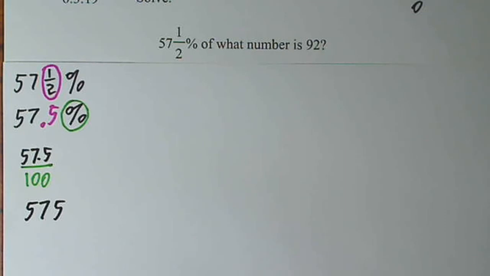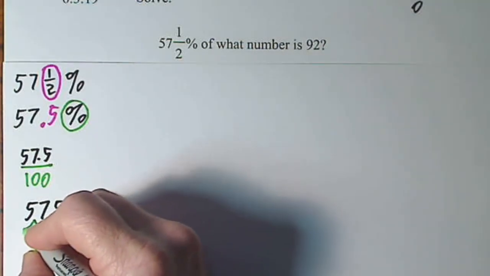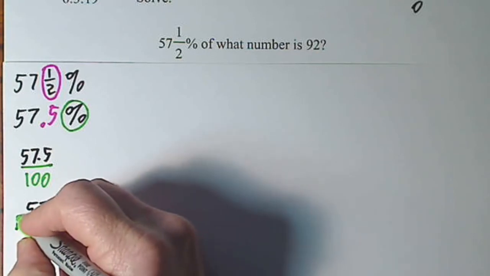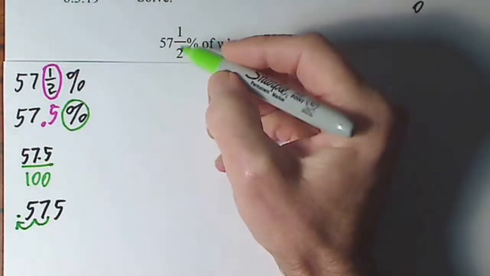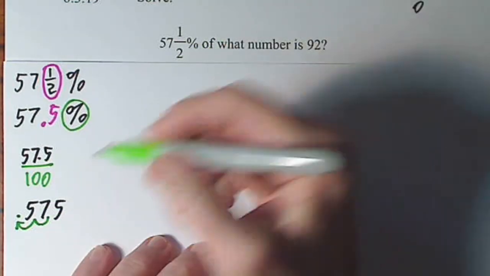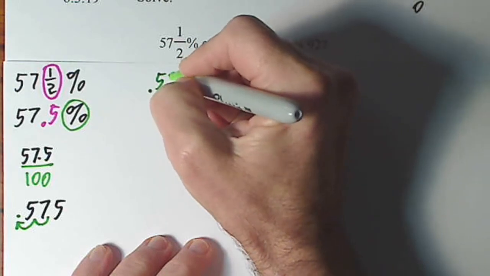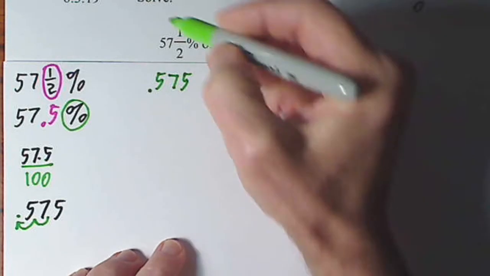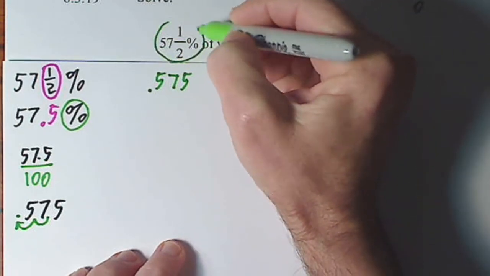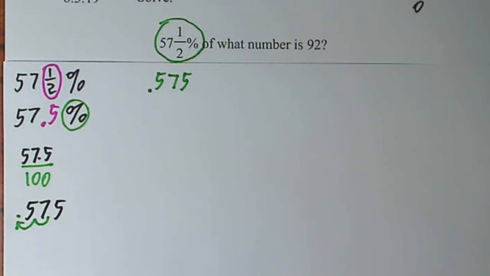The decimal was here, but if I divide by 100, it moves 2 spaces to the left. So 57.5% is the same as 575 thousandths. This is exactly the same as that. It just looks different, but the value is preserved.